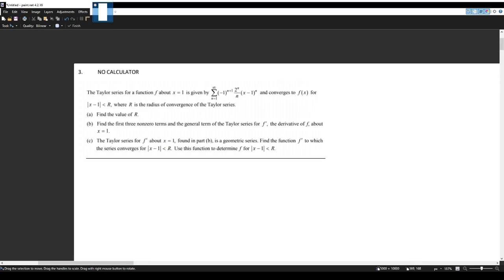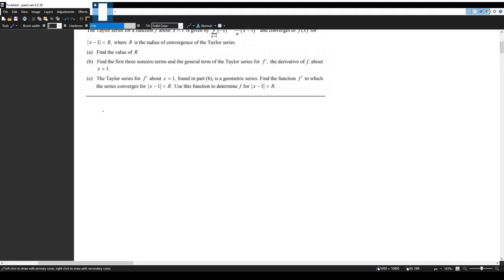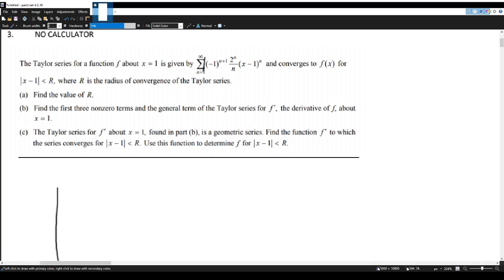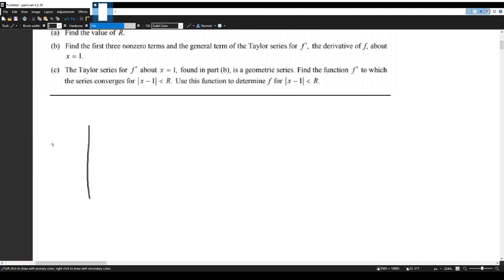So of course, to do that, we do the ratio test, where we set up the absolute value, and we're going to have basically this, but with n plus 1 instead of n, divided by this still just with n. And of course, this is the limit as n goes to infinity.